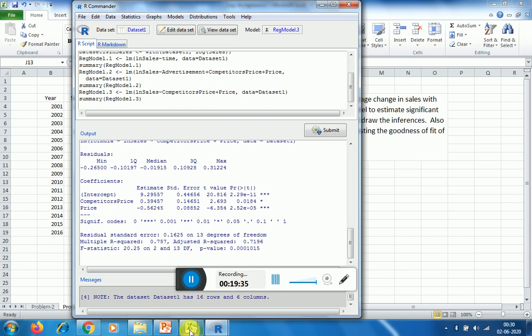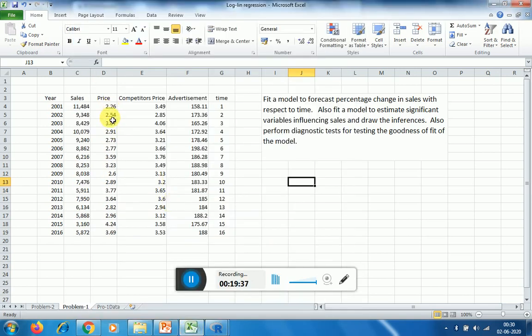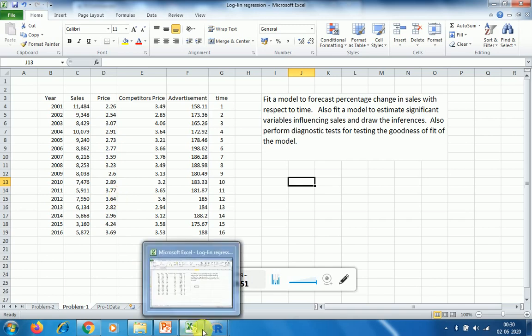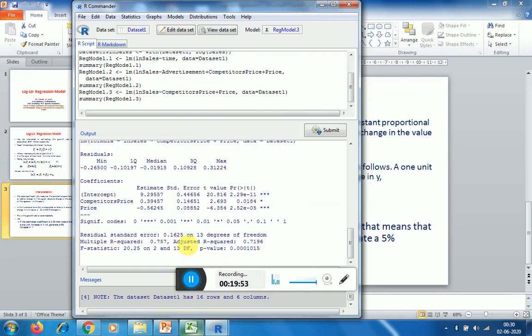Now here you can see that the prices are changing by very marginal amounts, so if the price increases or decreases by 1 rupee, 1 unit, that will be a very big change. So we can say that if the company increases or decreases the price by 1 unit, then by 56.24% the sales value is going to get affected.